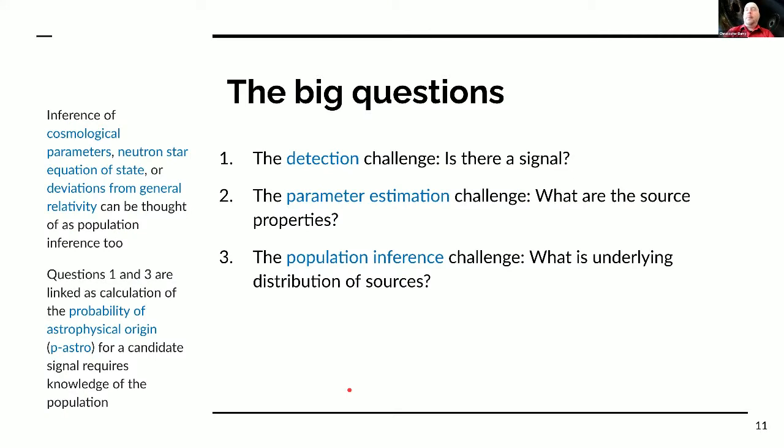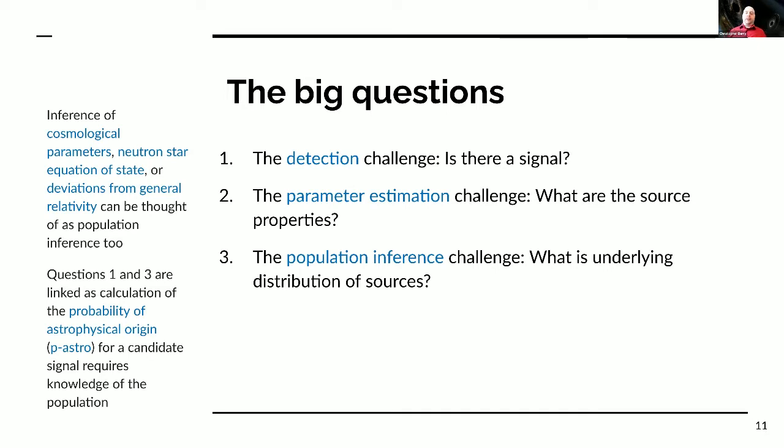Here is my big picture overview of gravitational wave data analysis for LIGO, Virgo, and KAGRA. And really what we're trying to do with our data analysis is answer a series of 3 questions. So the first is the detection problem of, is there a signal in our data?